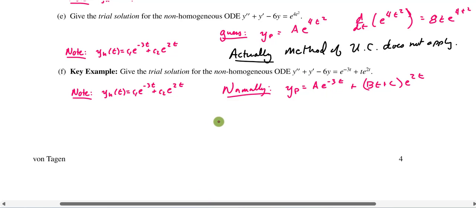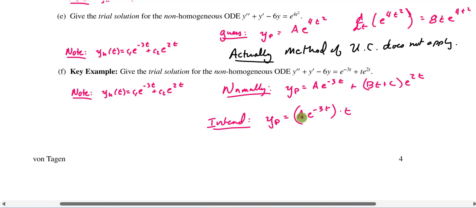So the trick is to multiply by enough factors of t to make sure that we clear the homogeneous solution. And so we get that y sub p would be equal to Ae^(-3t), and then I'll just write times t here.